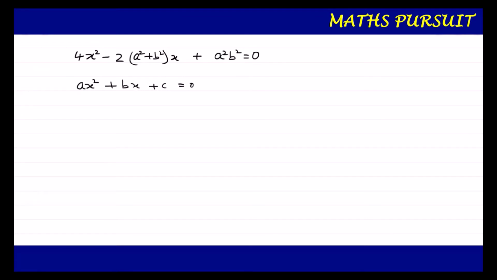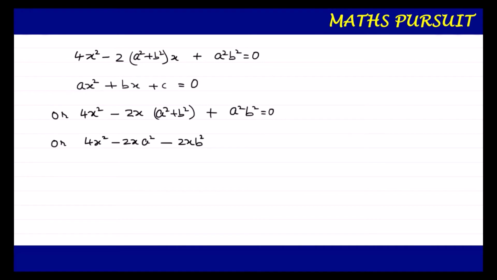Now, let us do it like this. We can write the given quadratic equation as 4x² − 2x(a² + b²) + a²b² = 0, or let us multiply 2x with a² + b², so we get 4x² − 2xa² − 2xb² + a²b² = 0.